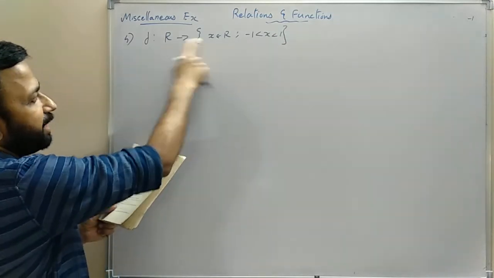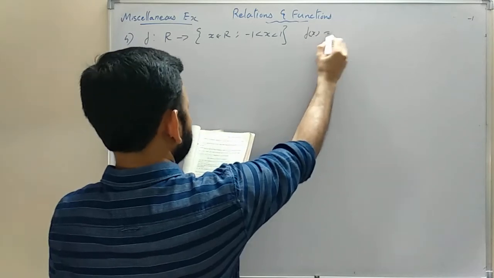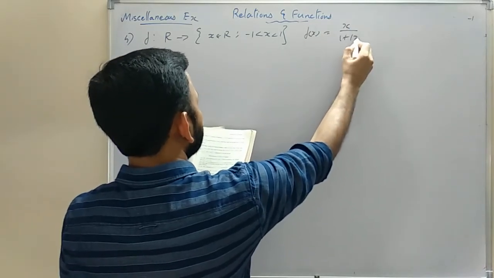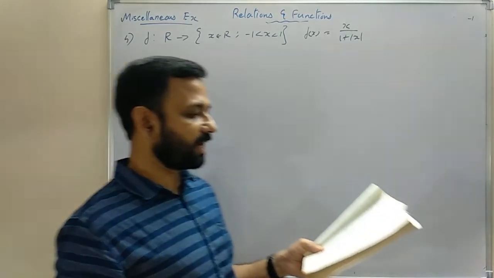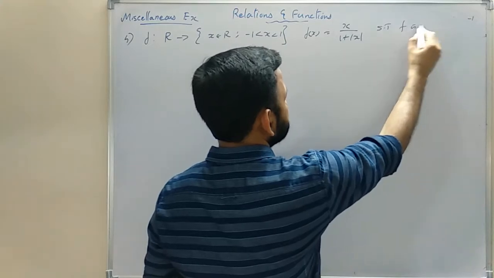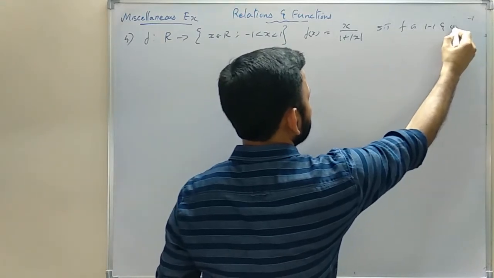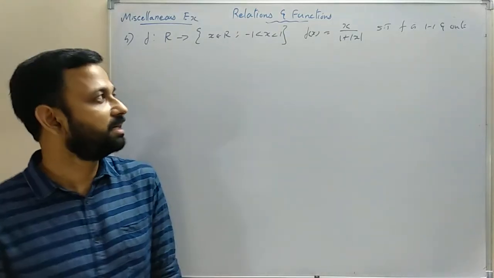So this is the domain and this is the codomain, and f of x is given as x upon 1 plus modulus of x. Then we need to show that it is a 1-1 and onto function. Show that f is 1-1 and onto. That is our question.